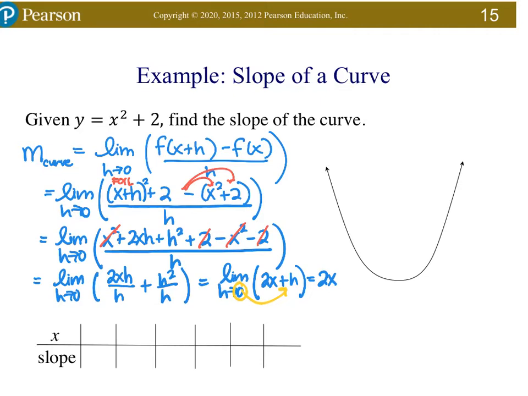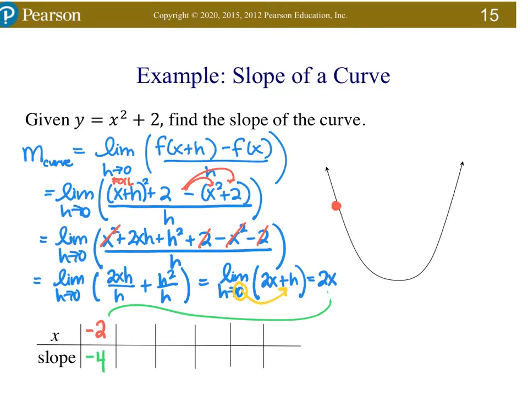So now let's go point by point. Let's say that this is the point -2 on the graph. Well, if I plug -2 into the formula I just got, it will turn out that the slope is -4.